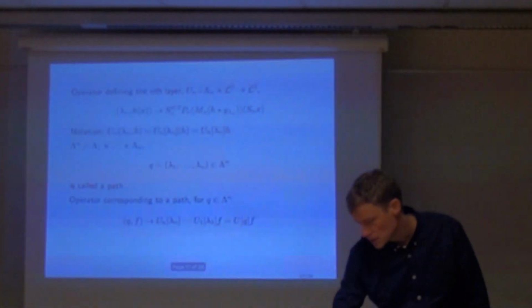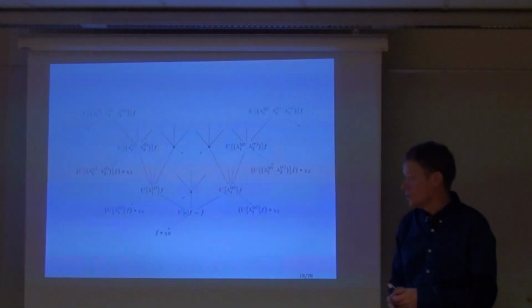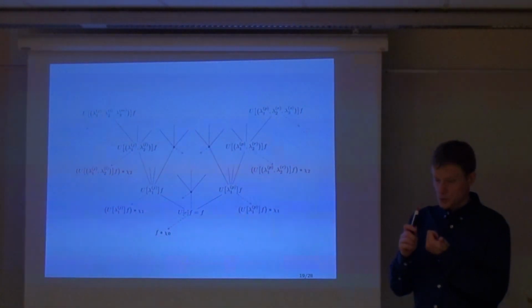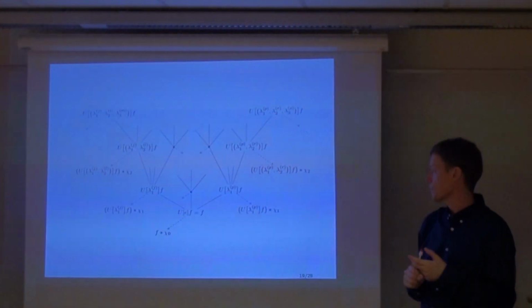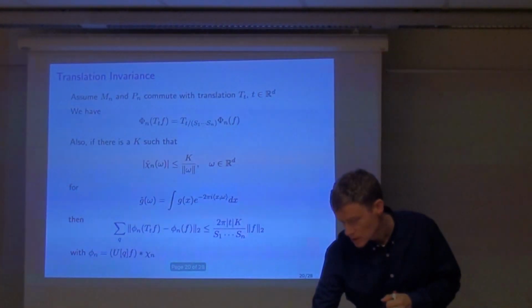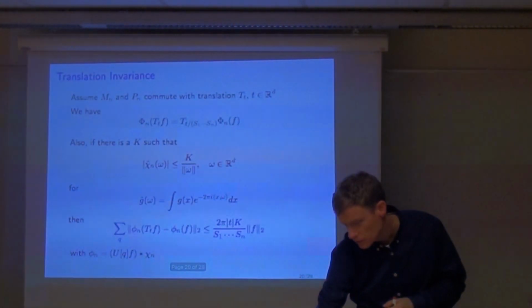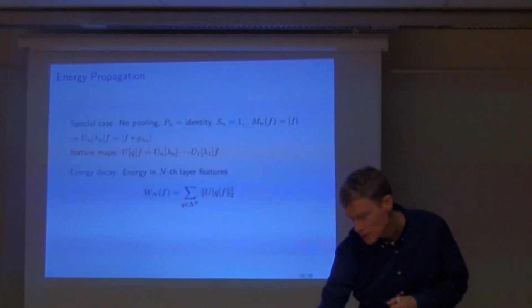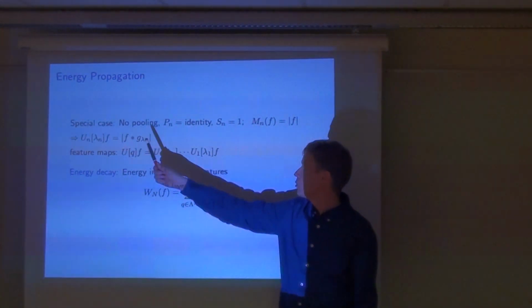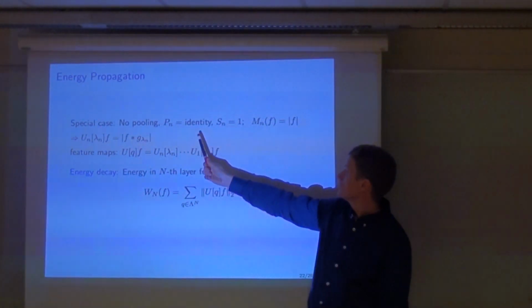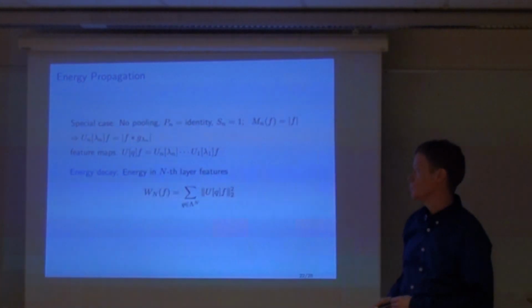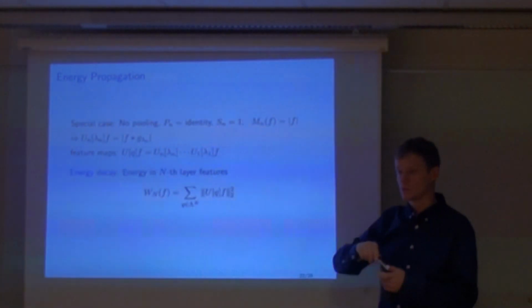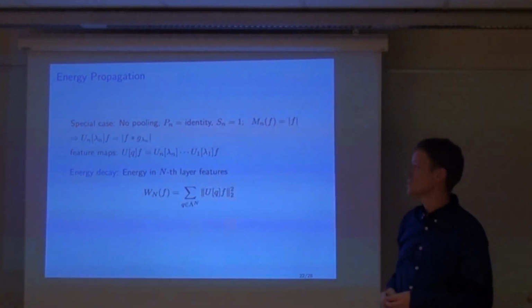Then these authors generalized to general nonlinearity instead of modulus, and also pooling that can be nonlinear. Now they take their structure and they go back to something that looks more like scattering networks, namely no pooling and modulus. But still using the same language with Q denoting path and so on.